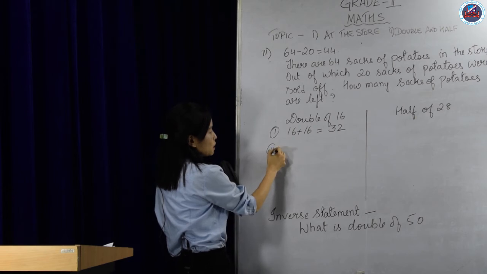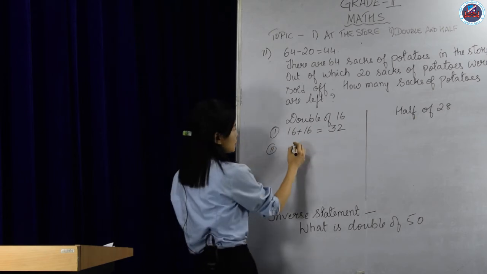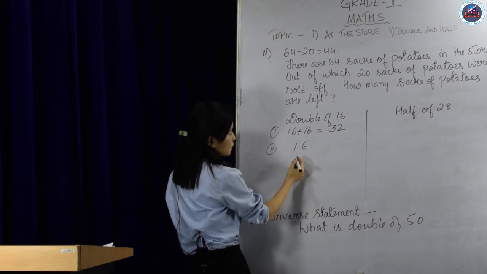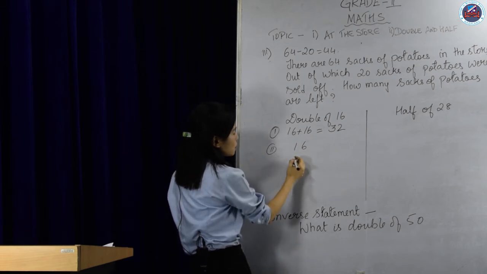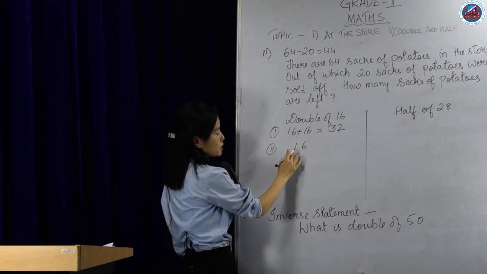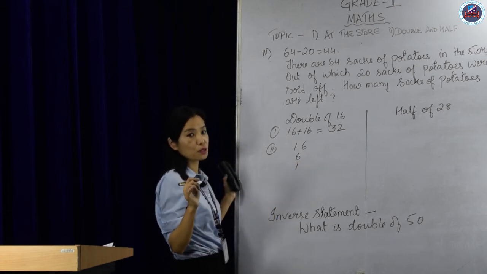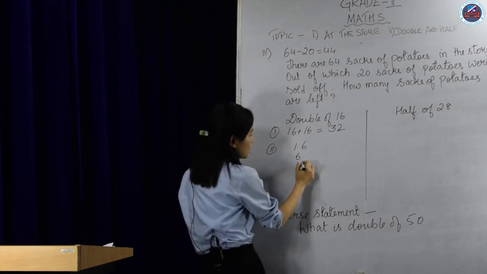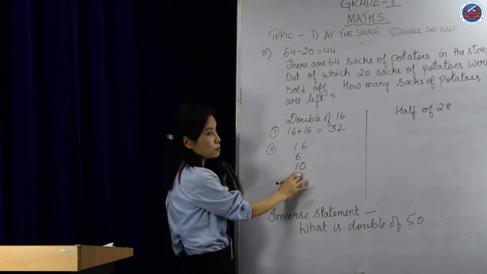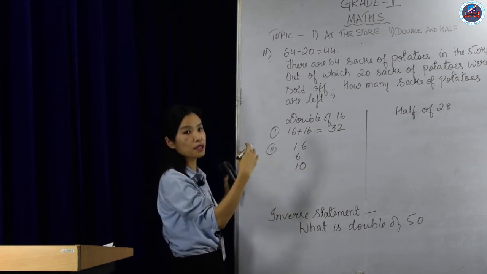The second way is to split into ones and tens. 16: ones is 6 and tens is 1. So in tens we know that we have to put one more 0 to it, so it becomes 10. Here after this you have to add with the same number.